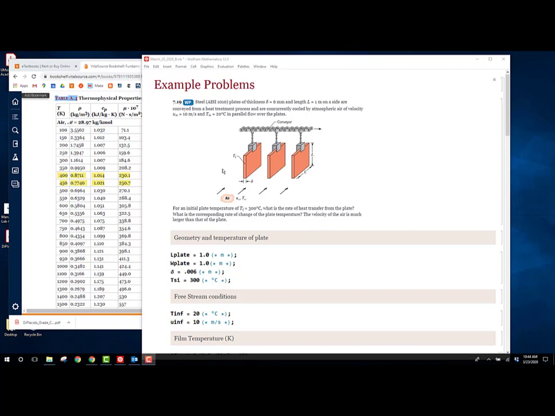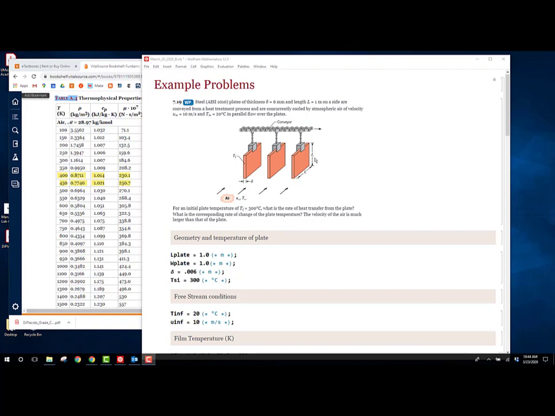The reason for this is that if the plates were moving fast, then it wouldn't be exactly flow over a flat plate, because there'd be an impinging jet where you'd be coming in at the plate at an angle, and our correlations are not appropriate for that type of situation.